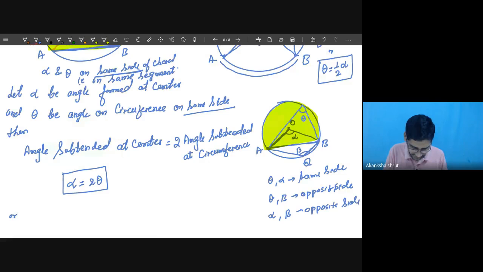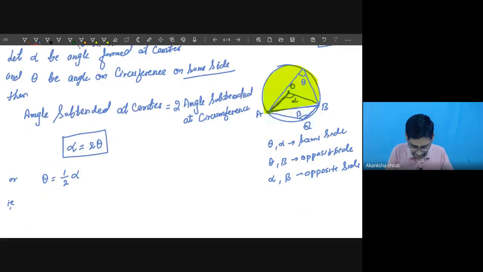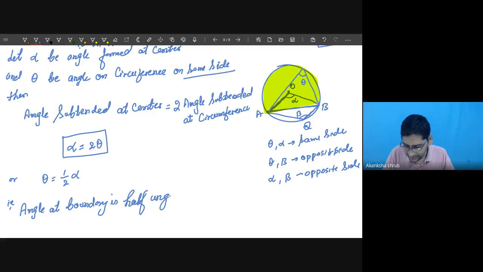Or we may write this way also, is 1 by 2 of alpha. That is, angle at circumference or boundary is half angle at center. Which one?